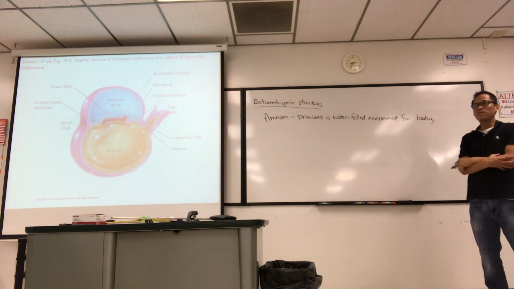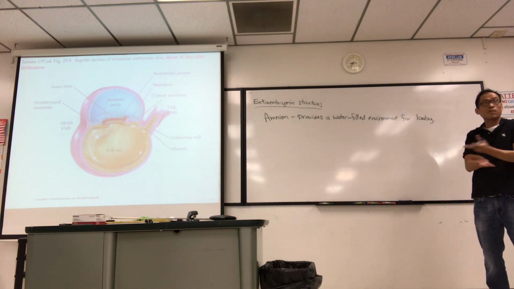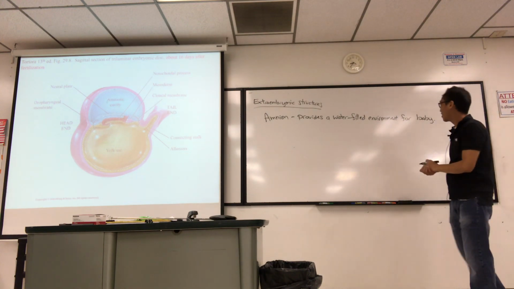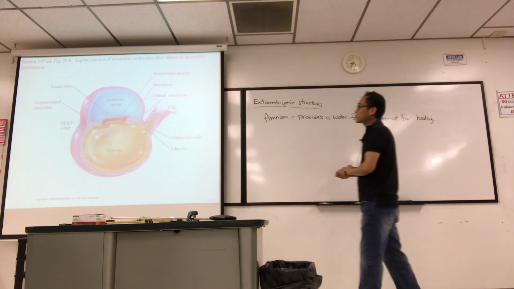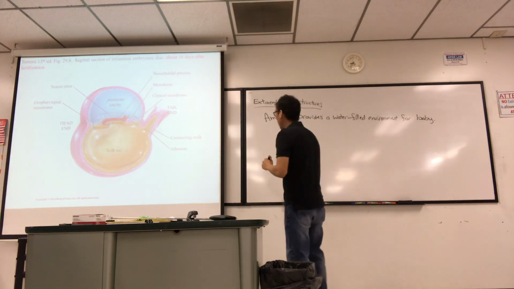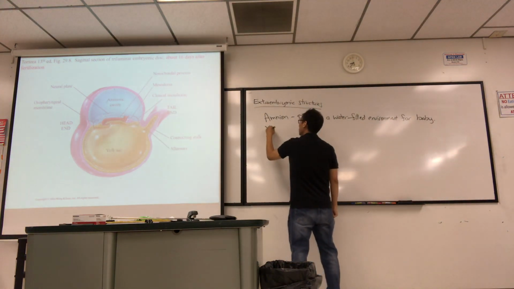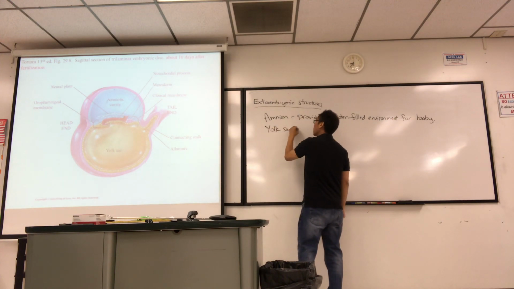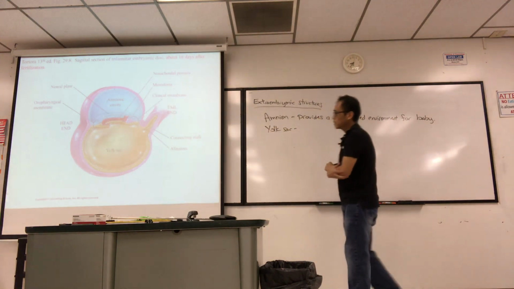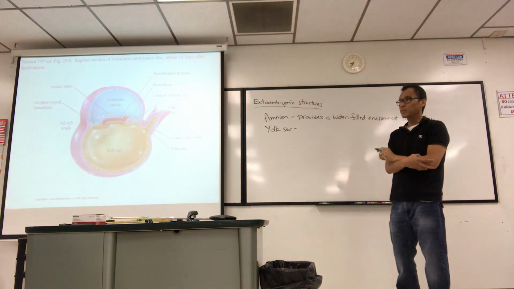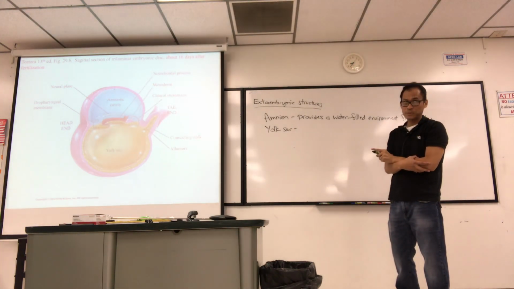That's why it's okay to give birth underwater. It was in water the whole time. Yolk sac: in humans, it's good for the genesis of blood cells and blood vessels.